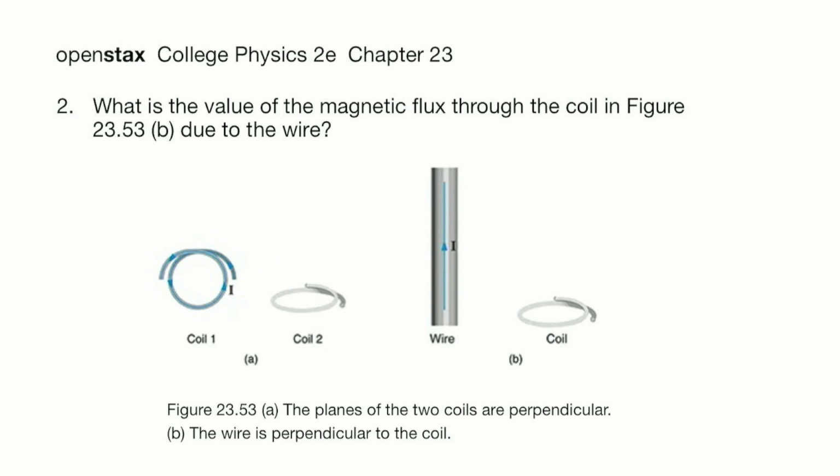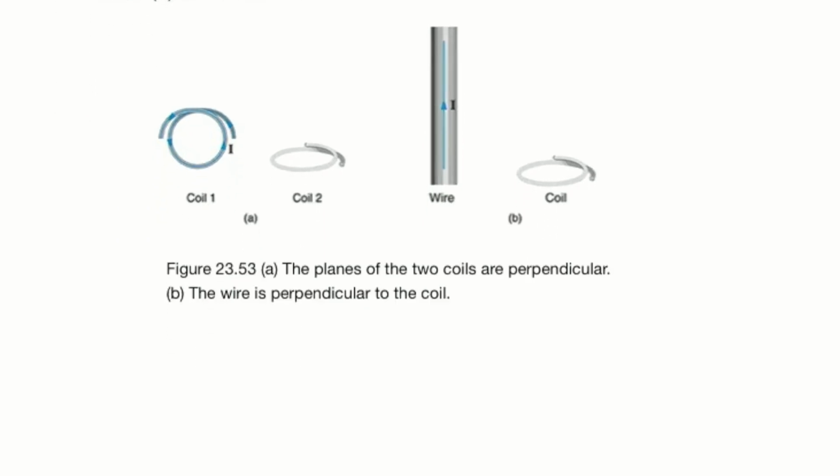We can see this mathematically since the flux is equal to B times A times the cosine of the angle between B and the normal to the area. We call it theta.